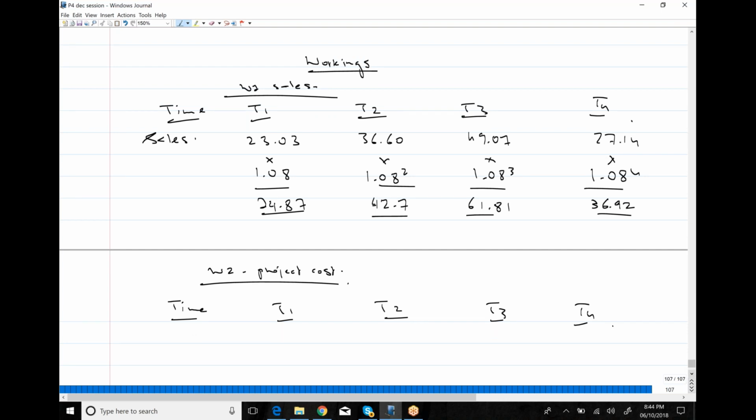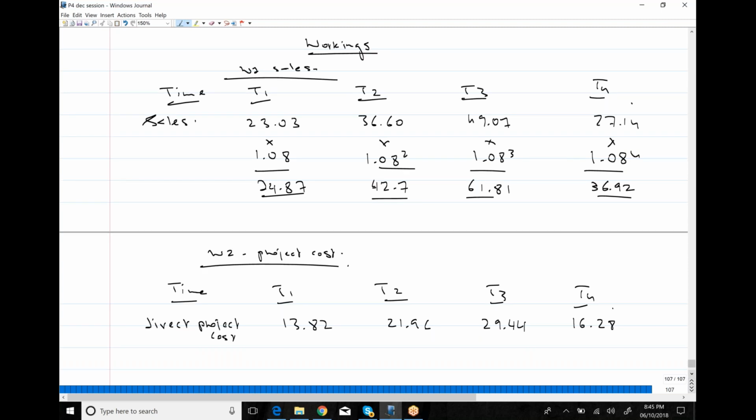Okay. So direct project cost is for T1 it is 13.82, 21.96, 29.44, 16.28. And you have to inflate your project direct cost by 4%, right?